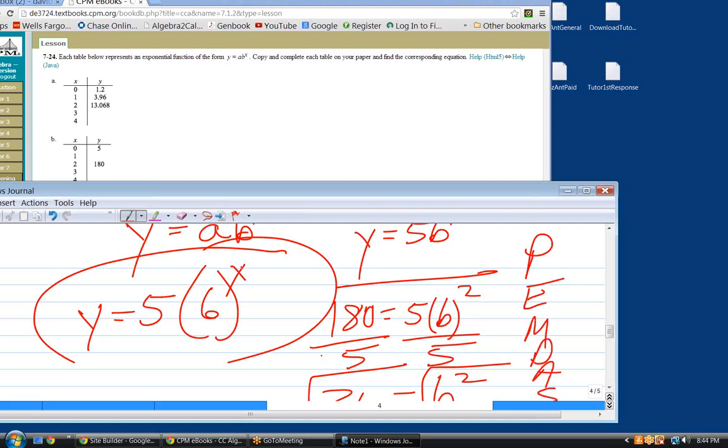In other words, when you plug in x of 3, you have to take 6 to the third power before you multiply it by 5. Okay. So that's equal to 5 times 216, which is 1,080, which is what goes right there.